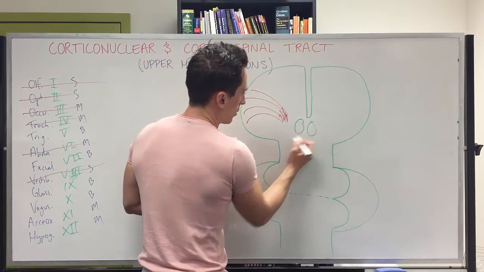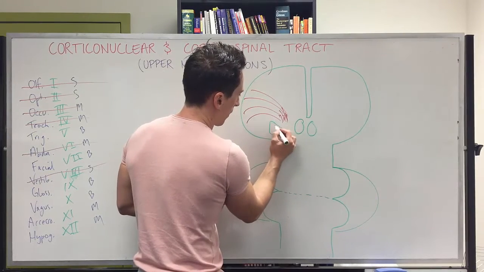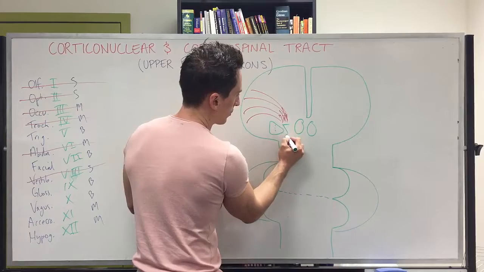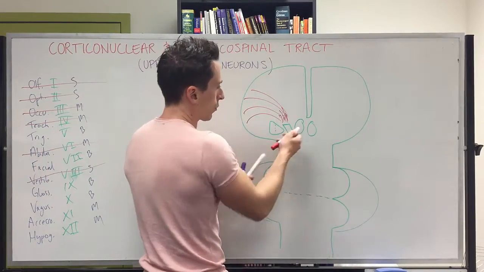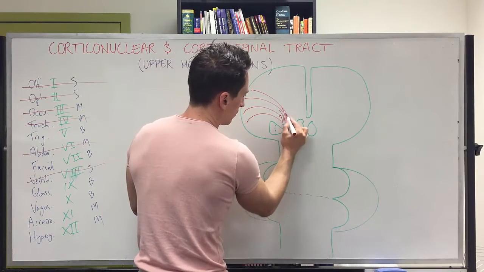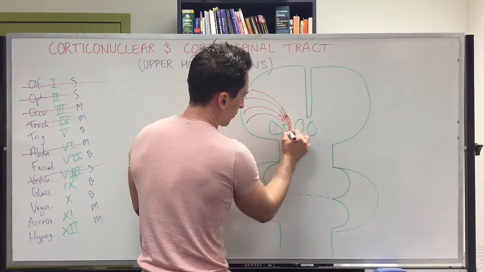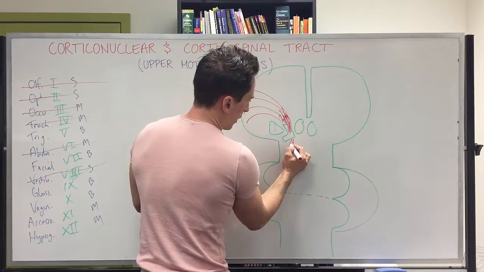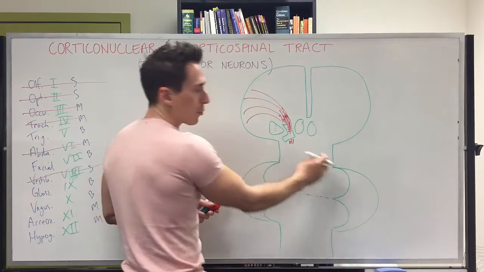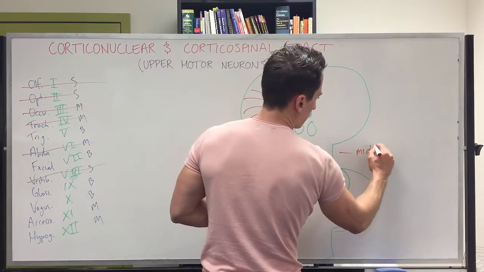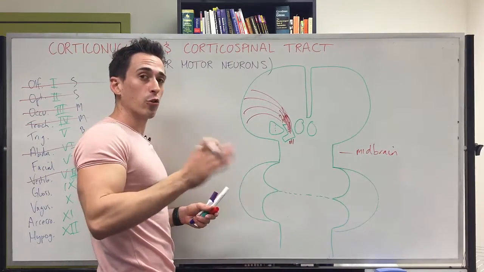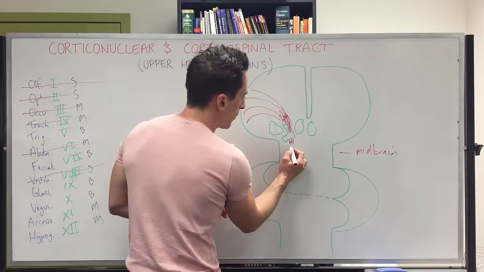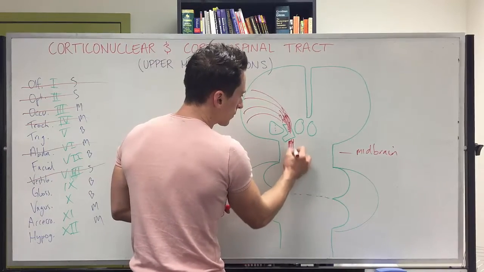These bundles move through this internal capsule, and now remember we're talking about corticonuclear only, so it moved through that bend of the internal capsule. It moved down. Once it hit the midbrain, it moved through that crus cerebri, that middle third, remember? And then it kept going down.